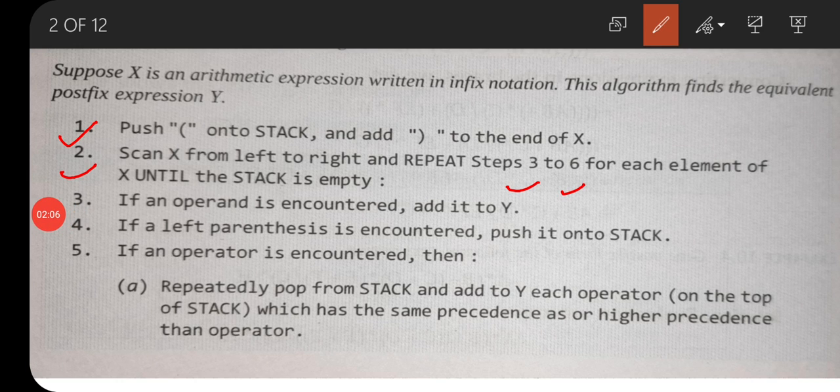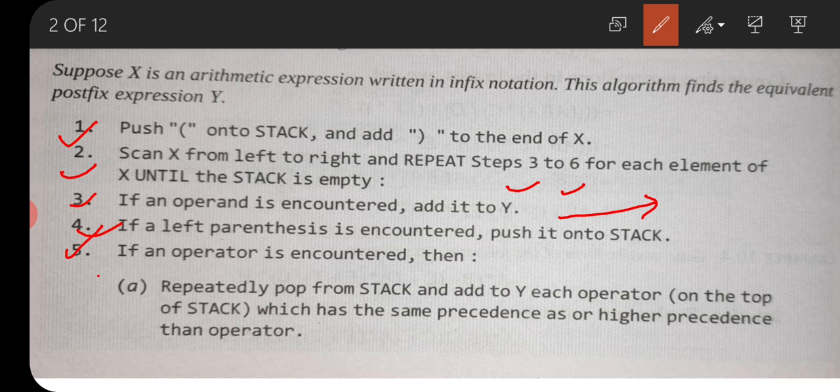Now, what will be step 3? Step 3 is if an operand is encountered, add it to y. That means if any operand is found, then we have to add it to the expression y. And step 4 is if a left parenthesis is encountered, push it onto stack.